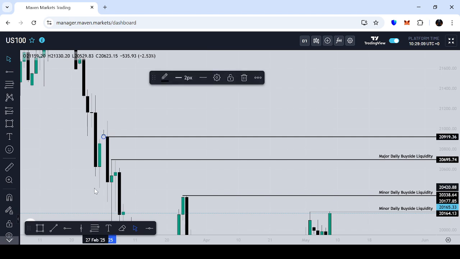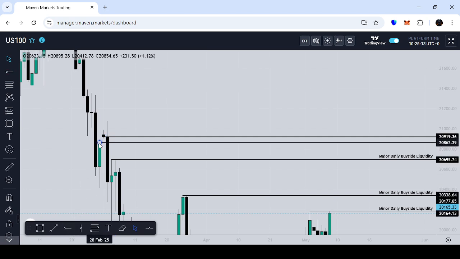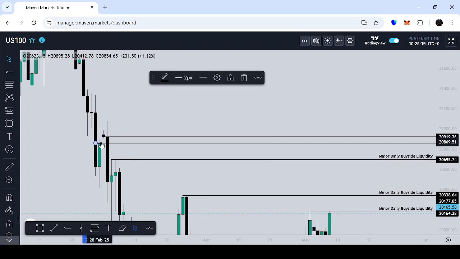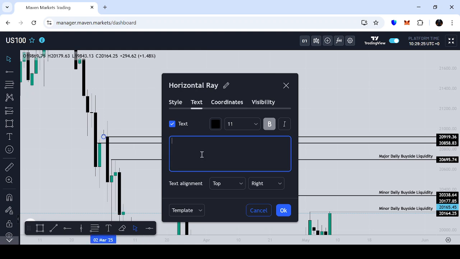The high and this low. That's a volume imbalance. We could see there is a void, a gap between those two candles, a space there. That's a volume imbalance. Volume imbalance high.